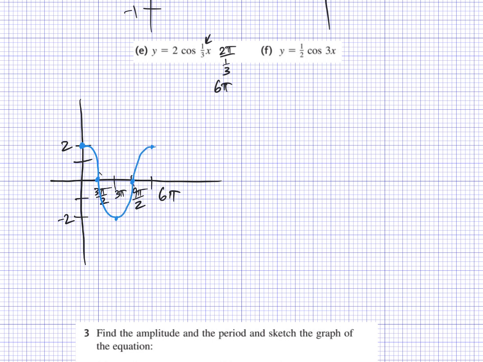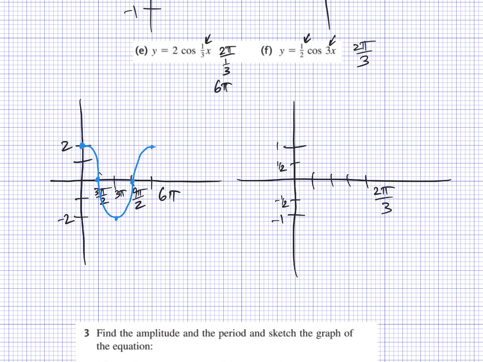There you go. Now F, amplitude is 1/2. So if we say this is 1, then 1/2 is there, negative 1/2. Okay, and B is 3, so 2 pi over 3, so that we're shrinking here. Our distance, 1, 2, 3, 4, is 2 pi over 3.